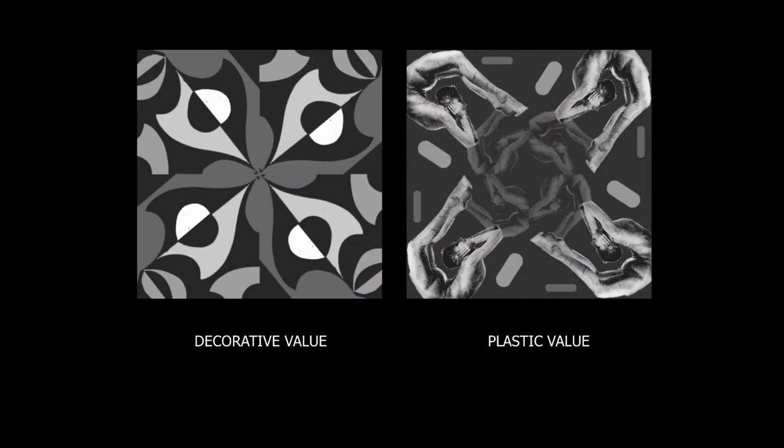If we look at our reflectional and rotational tiles, the one on the left you can see is quite flat, but the one on the right is a clever little use of the figure in chiaroscuro, and you can see that the value is used in such a way that it creates the illusion of three dimensions.